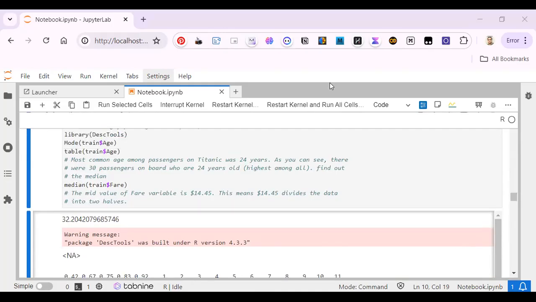Or just try it here. You go to my R Studio. Let's try it. Just go to install.